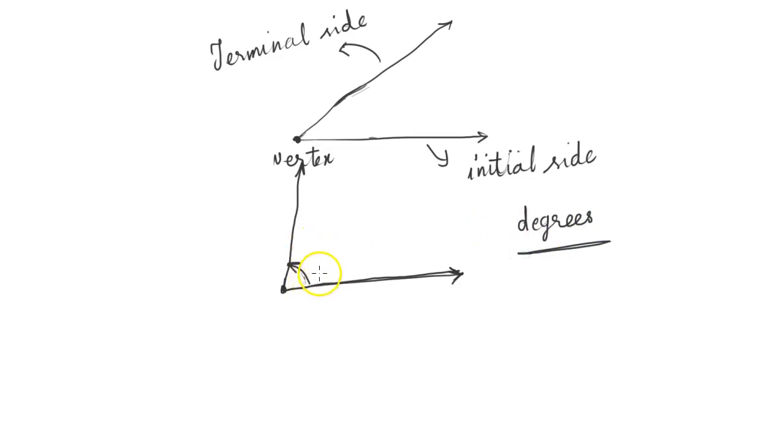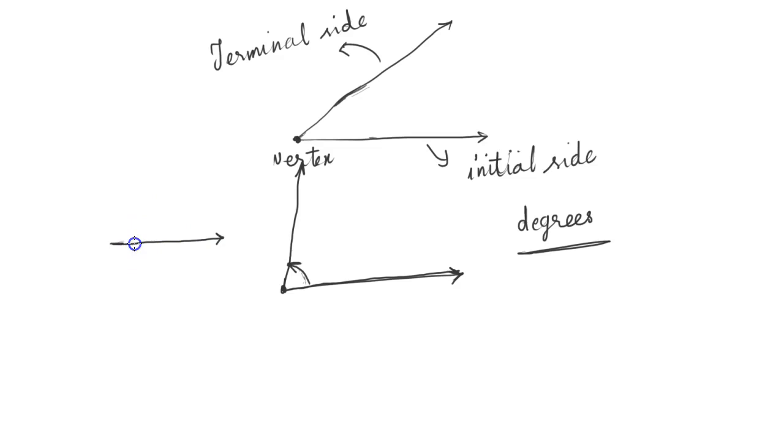And so what that means is that if you have your initial side of the angle over here, and you take the terminal side, you can imagine that the terminal side is overlapping the initial side.